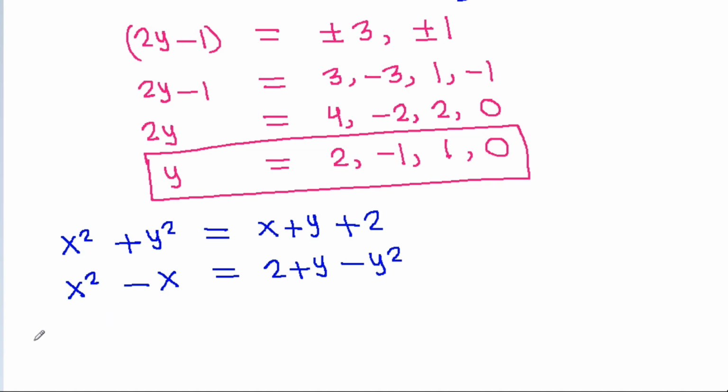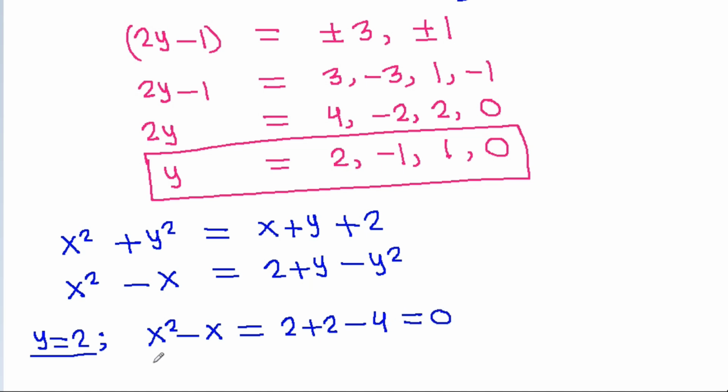And now if y is 2, then x square minus x will be equal to 2 plus 2 minus 2 square is 4, that is 0. And it is x times x minus 1, that is 0. So x will be equal to 0 and 1.